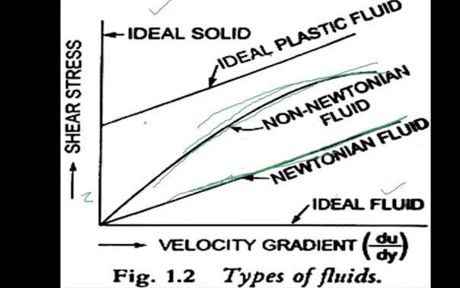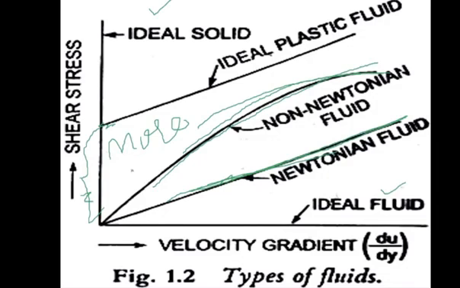What does it tell us? A fluid in which shear stress is more. So it is starting from here. Shear stress is more than the yield value, and after this yield value, it is proportional to the velocity gradient.